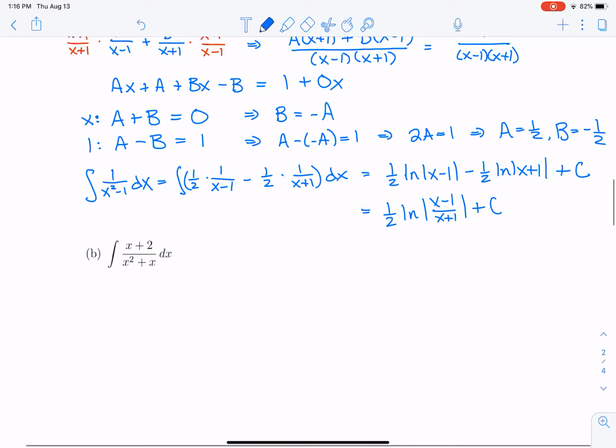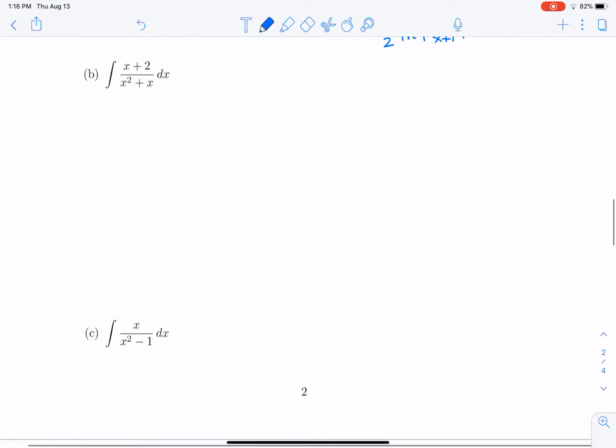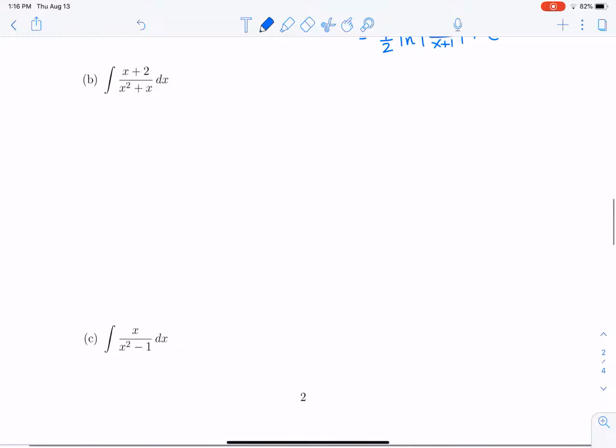Okay, let's do another example. In this case, we want to integrate x plus 2 over x squared plus x. So I'm going to rewrite this as x plus 2 over x times x plus 1 by factoring the bottom.